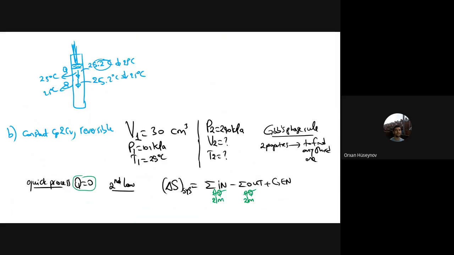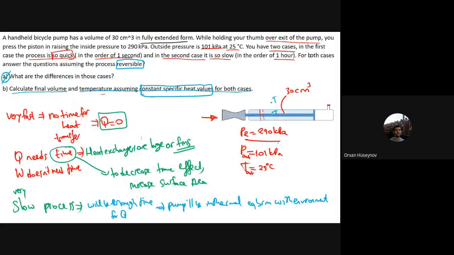And also, the process is a closed system because the question says you are holding your thumb over the exit of the pump. See it? You are putting your thumb here. It means that there will not be any mass transfer.